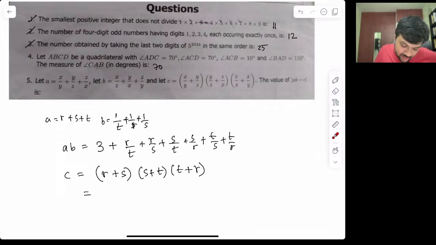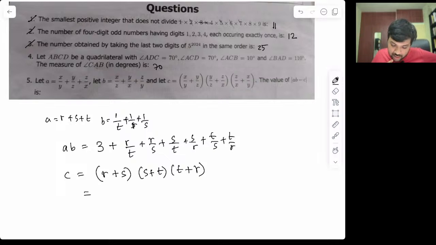X by y into x by z will be x square by yz, right? And r by s would be x by y into z by y, xz by y square. So anyway, if you calculate this, what will you get if you multiply? Maybe there's an easy way to do this. AB minus C, do you have to just multiply it out, or was there a smarter way?